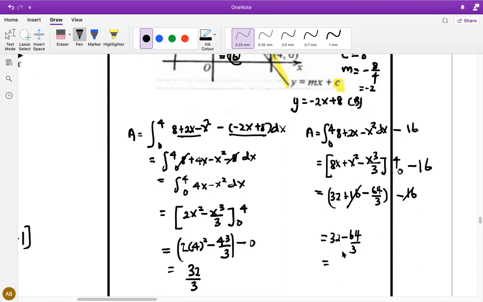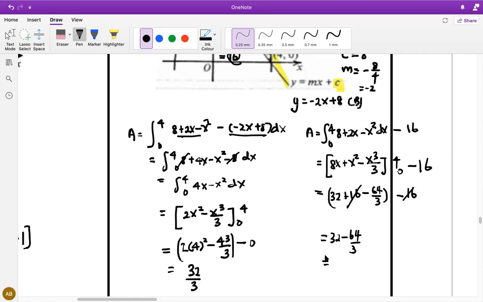So 64, 3 times 2 is 6. Right, let's check, correct or not? Okay, so the error is wrong.